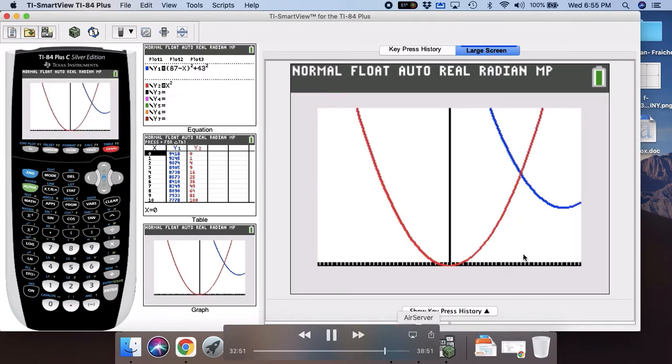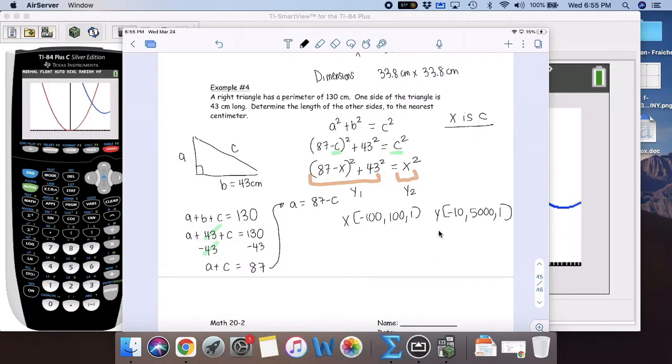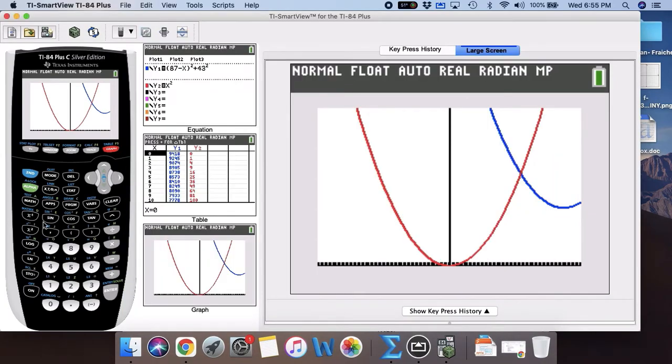Okay, so then go back to your graph. We wrote down the window, so this is me writing down the window here. And I did second trace number 5. Go to the intersection as close as possible to it. Sometimes you'll have to restart it if you don't see the little bug, that little cursor.